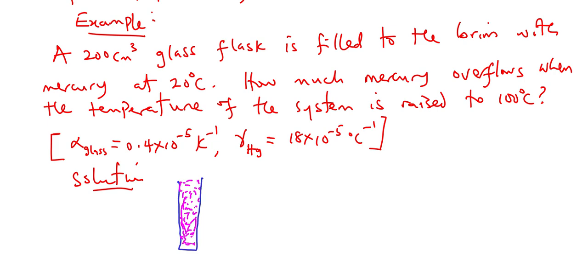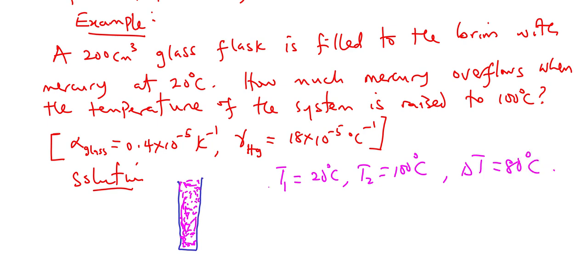Of course they are in thermal equilibrium, so the mercury and the glass have the same initial temperature. The initial temperature T1 is 20 degrees Celsius and the final temperature T2 is 100 degrees Celsius, so the change in temperature is 80 degrees Celsius. So the question is now, if you add heat and increase the temperature to 100 degrees Celsius, what happens? This mercury will increase in volume.